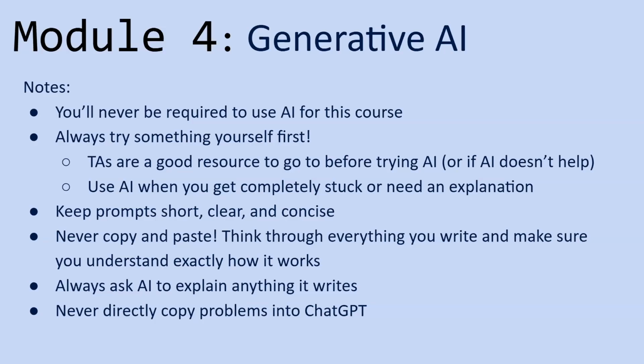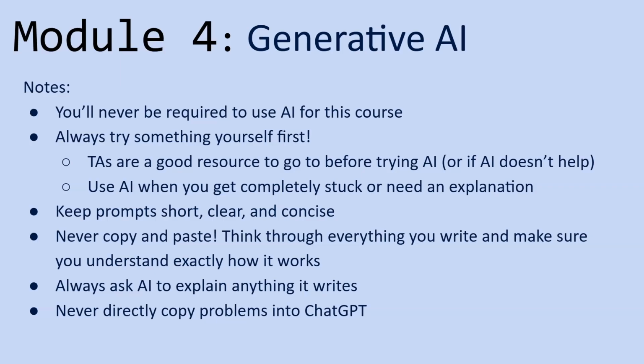Additionally, TAs are a good resource to go to before trying AI. TAs have all done everything in this course before, and so we know all the potential solutions that you're trying to go through, whereas the AI is kind of just guessing, especially in some places. So I always say go to TAs before you try AI. And especially if AI doesn't help, TAs have experience in code and can know exactly where the AI is going wrong.